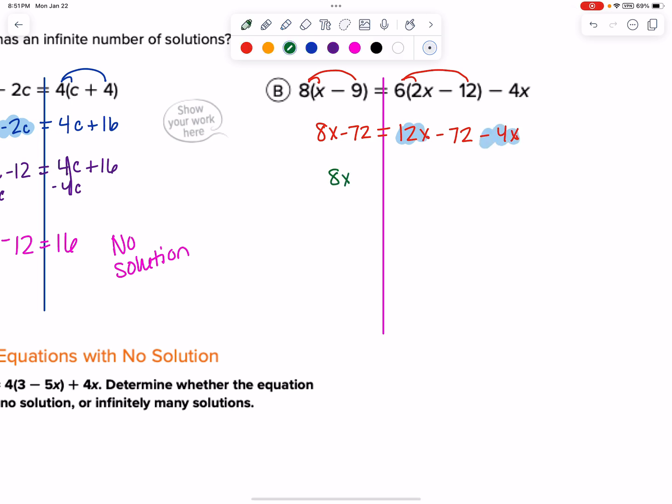We end up with an 8x minus 72 equals 8x minus 72. So we know if we continued, we would end up with negative 72 equals negative 72. Let's go ahead and get rid of our 8x's here, and there we go.